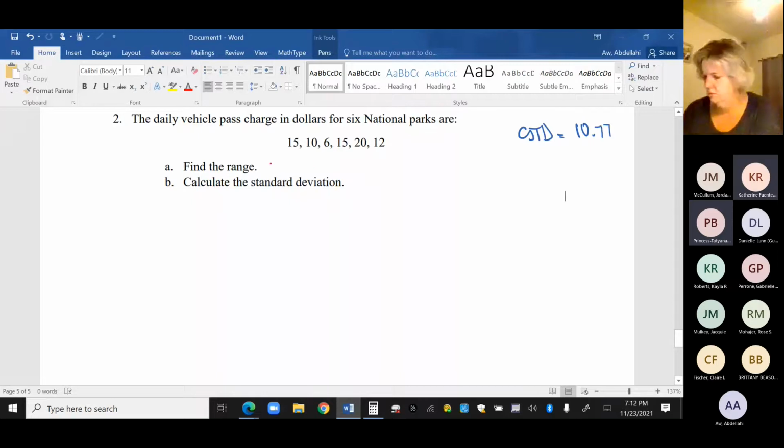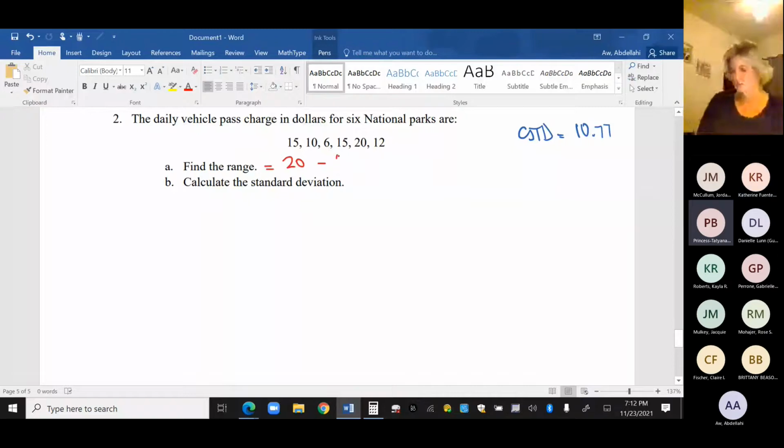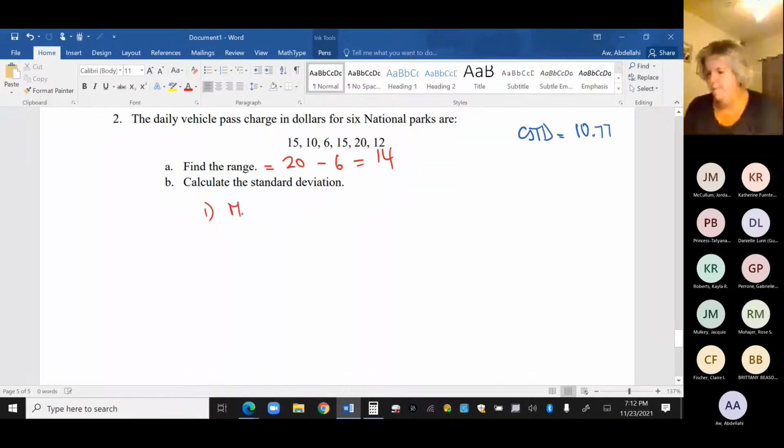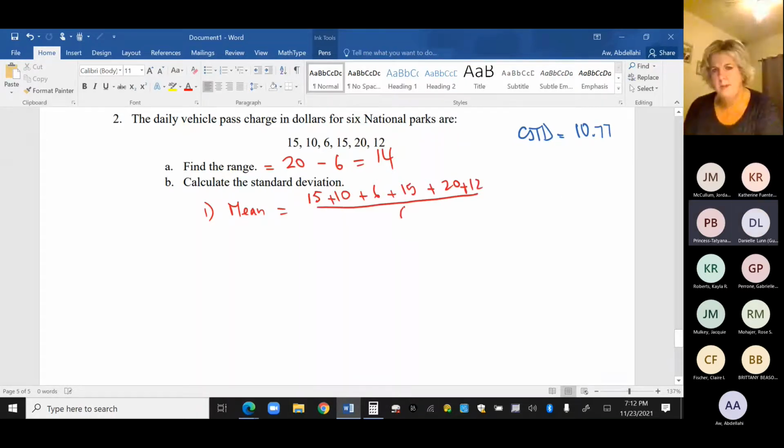The range is 20 minus 6, which is 14. Exactly. Now for standard deviation, we do the mean, which is 15 plus 10 plus 6 plus 15 plus 20 plus 12 all over 6, right?